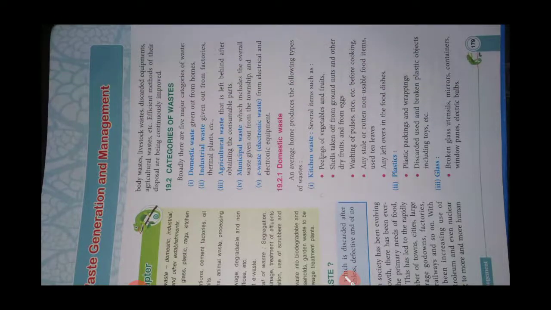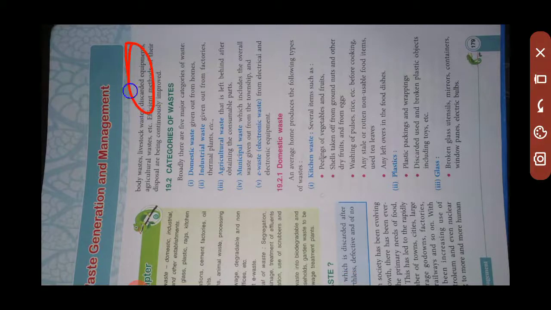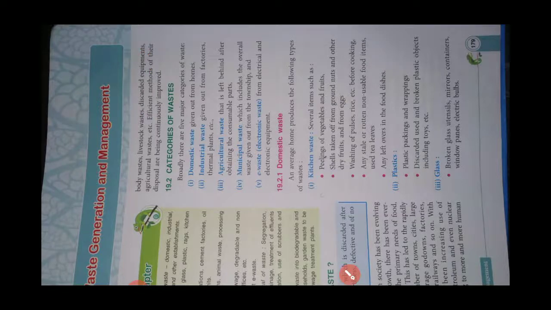This has led to the rapidly increasing size and number of towns, cities, large agricultural fields, storage godowns, factories, interconnecting roads, railways, and so on. With these, there has also been increasing use of electricity, firewood, petroleum, and even nuclear energy. All this is leading to more and more human body waste, livestock waste, discarded equipment, which also belongs to e-waste, agricultural waste, etc. Efficient methods of their disposal are being continuously improved.